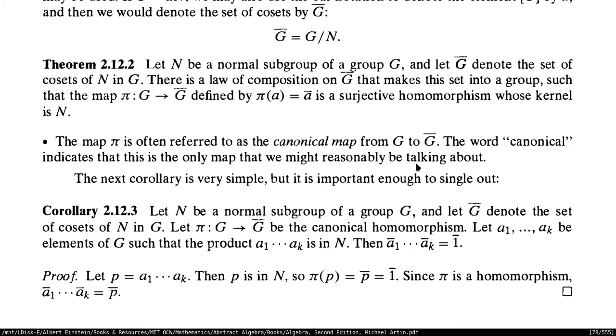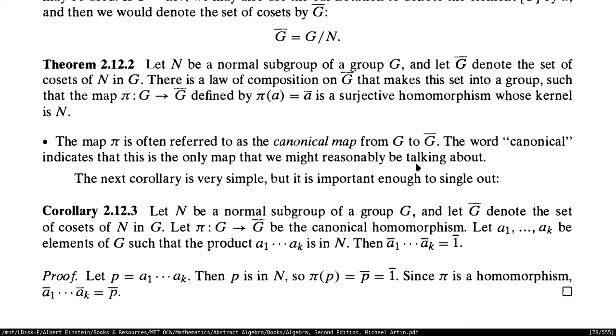Phi goes from G to Y, is a surjective map, and has the homomorphism property, but it is not a homomorphism because Y is not a group. So it works like a homomorphism. The products respect the multiplication, so phi of AB is equal to phi of A times phi of B.